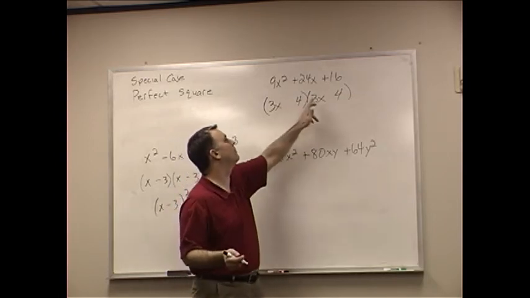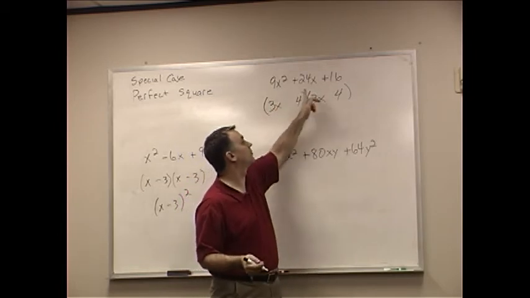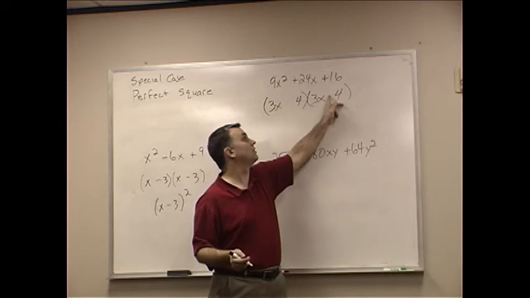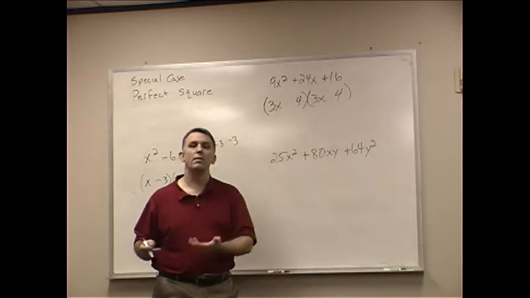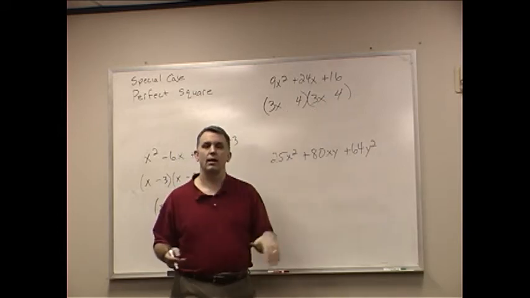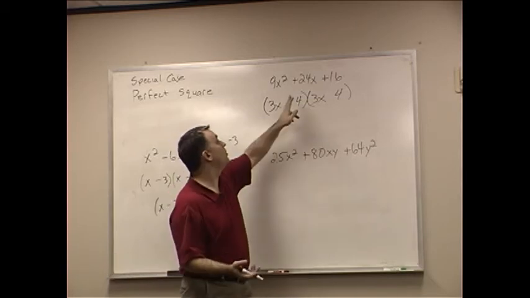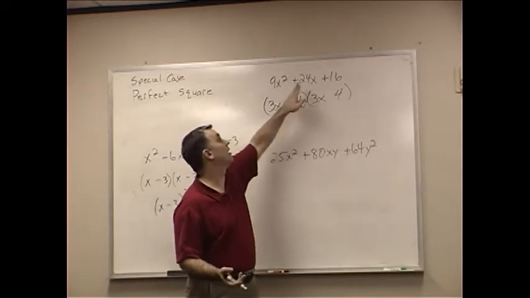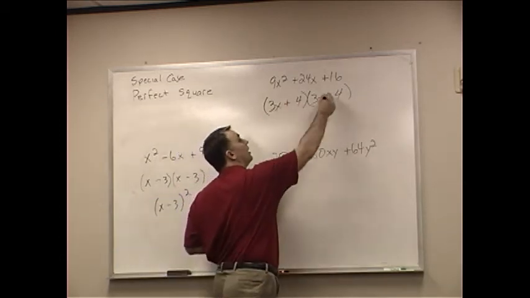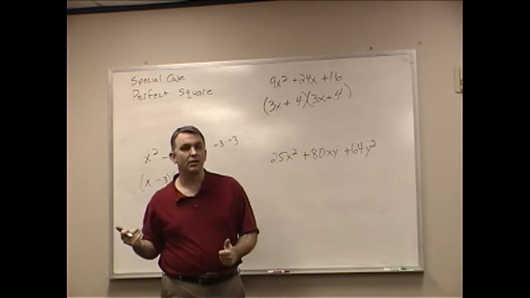If we were to put minus signs in there, it would be 3x times 3x, give me my 9x squared, and my 3x times negative 4. That would be negative 12x. And then it would be negative 4 times 3x. It would be another negative 12x. If you put minus signs in there, it's going to make the middle term negative. If you put plus signs in there, it's going to make the middle term positive.